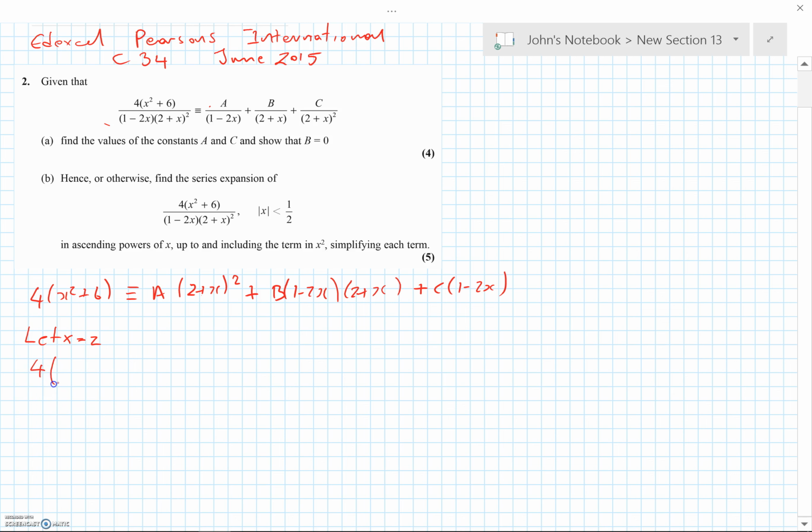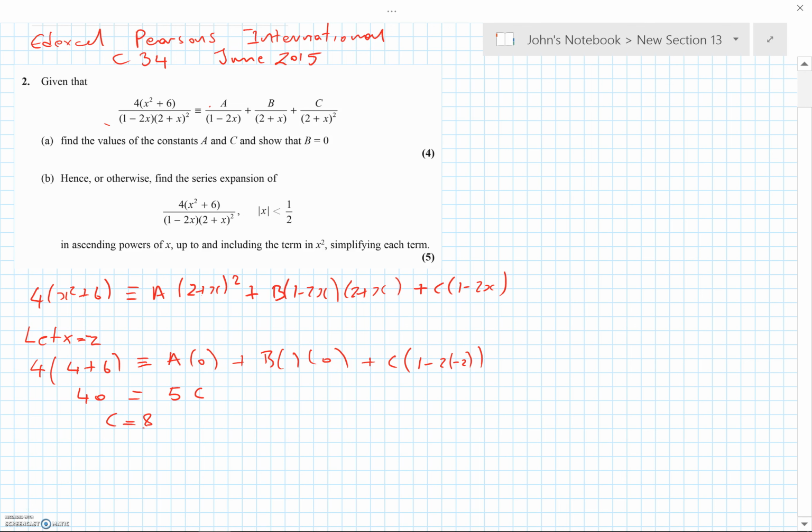So 4 times minus 2 squared, that's 4 times 4 plus 6, is equivalent to a times 0 plus b times 0 plus c times 1 minus 2 times minus 2. Well, that's 10, so that's 40 is equal to 5c. So c equals 8.